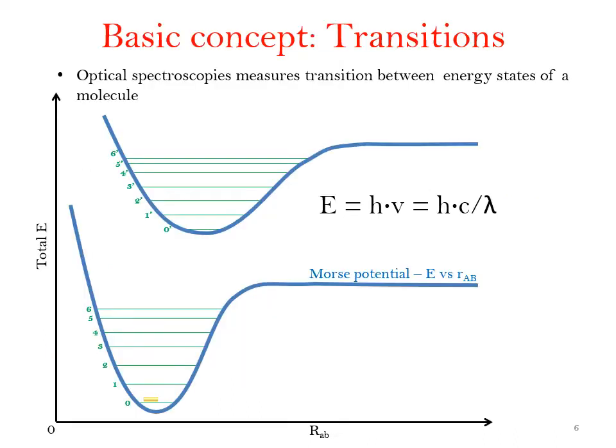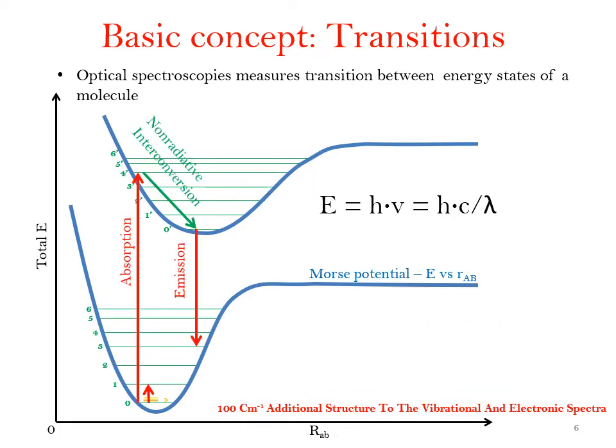The basic concept for spectroscopic techniques is energy transition in a molecule. As you know from your previous classes, when light gets absorbed, the electron that absorbs that light could be excited to a higher state, which is the excited state, and upon returning to the ground state, it could emit light with different wavelengths.